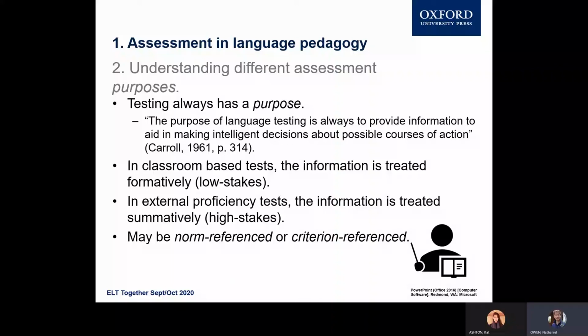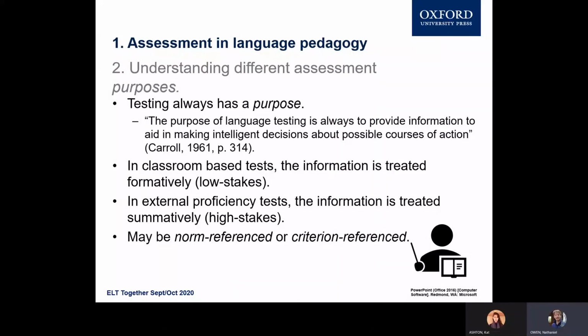If it's an externally mandated test, the purpose will be clear. It's to enter through some doorway that is currently closed for us. We need it in order to certify to external stakeholders that we have attained a particular level of language proficiency, and therefore that allows us to progress in our education. The purpose is clear.